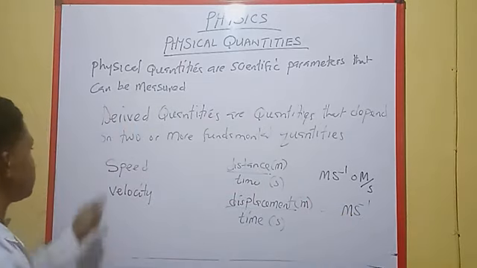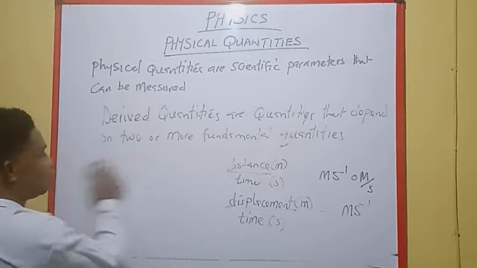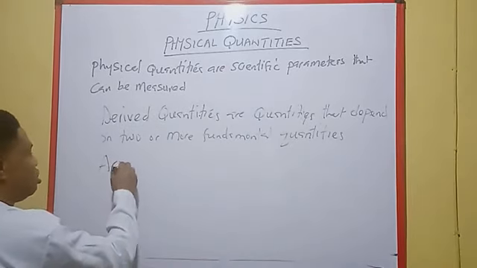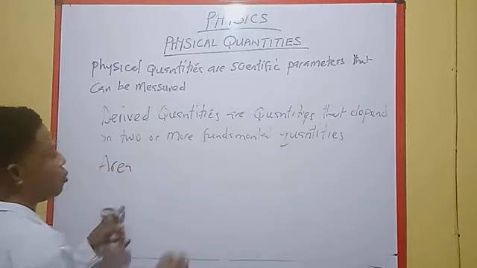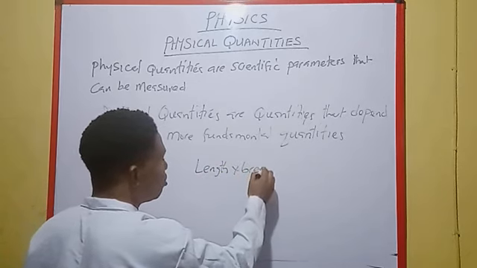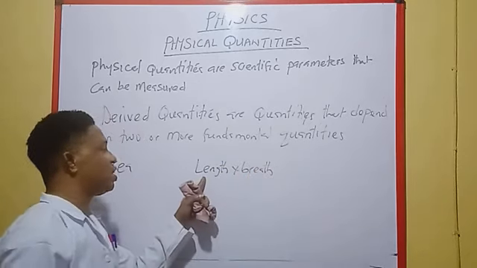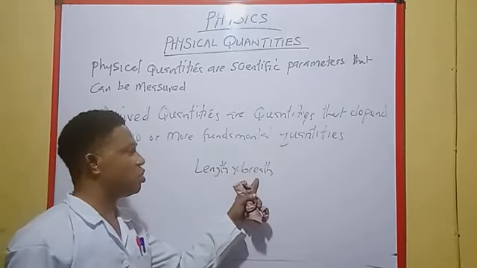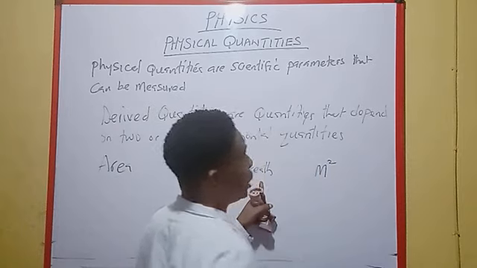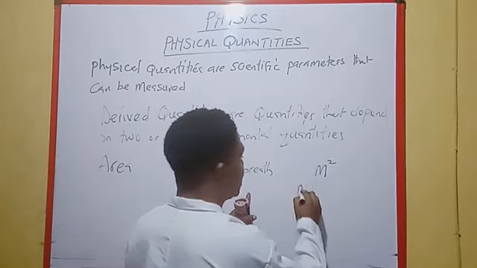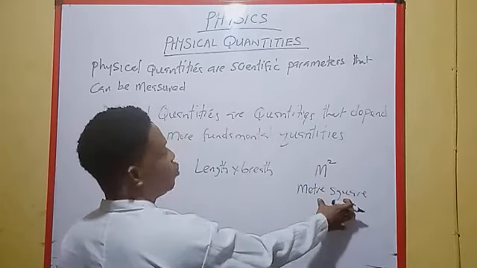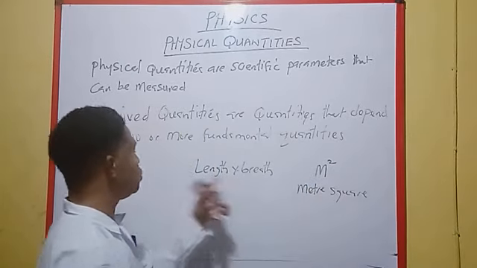Also, area is a derived quantity, and the formula is length times breadth. Length is a fundamental quantity, breadth is a fundamental quantity, and the unit of area will be meter square, m². That is the unit of area.